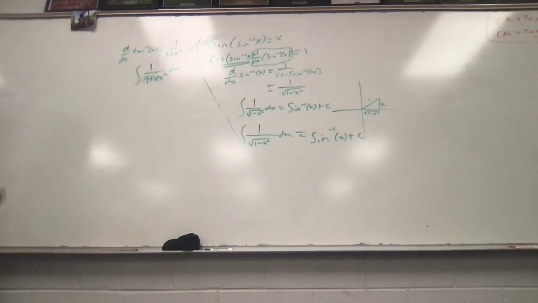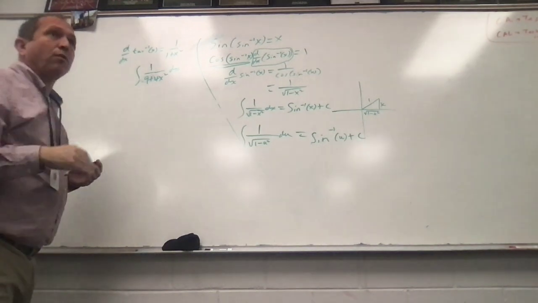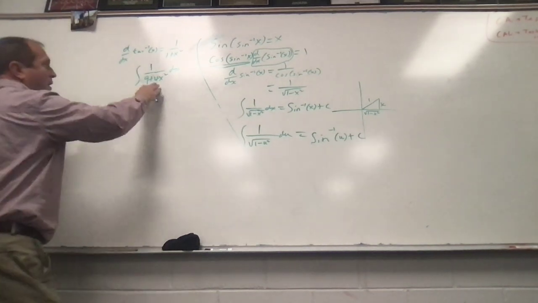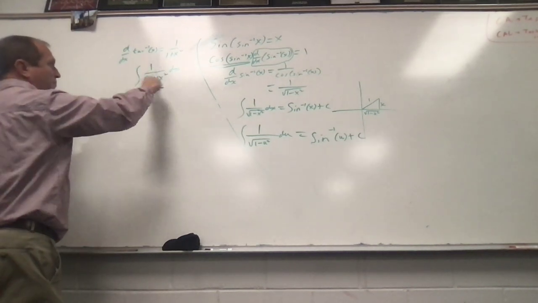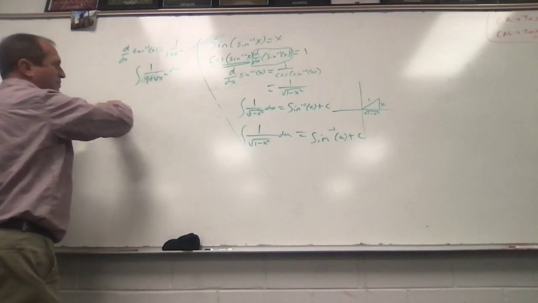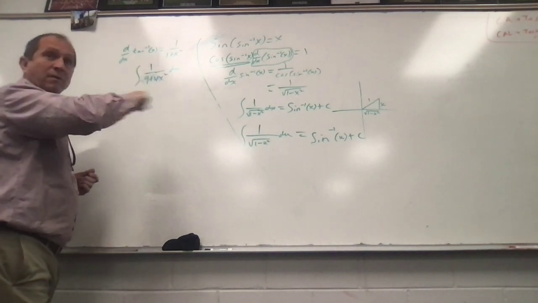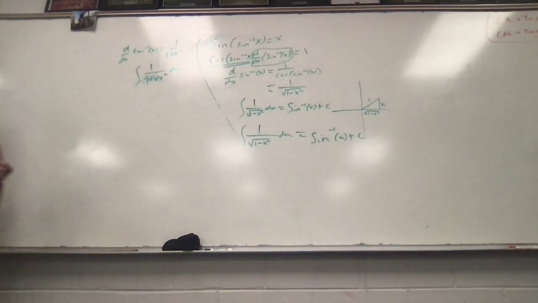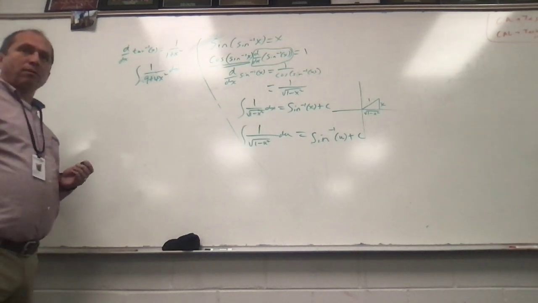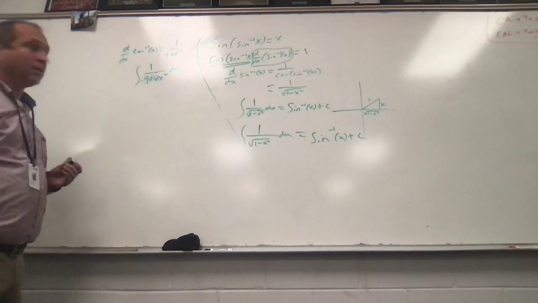So u substitution is going to fail. Then I might say, let me try long division. Well, you'd have 0 plus this as a remainder. So that wouldn't work. So typically, inverse trig is not going to be your initial try here.